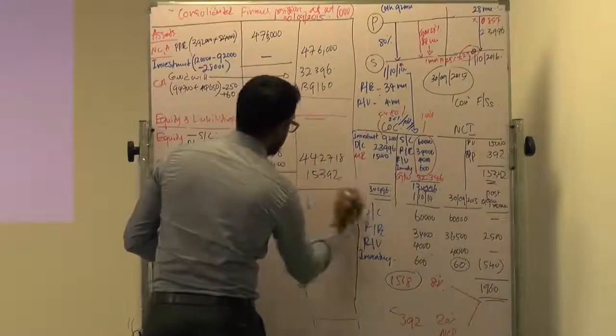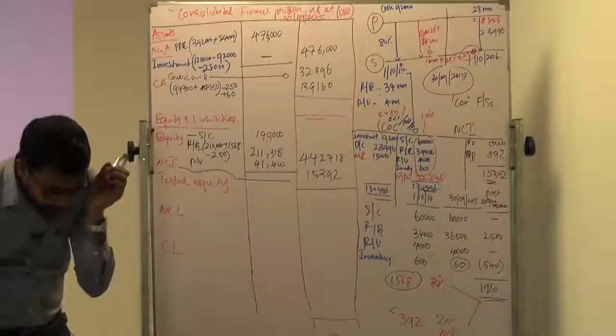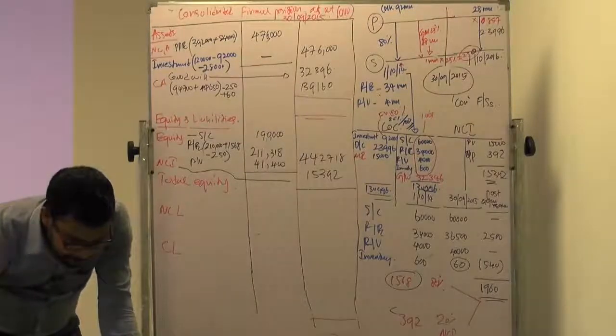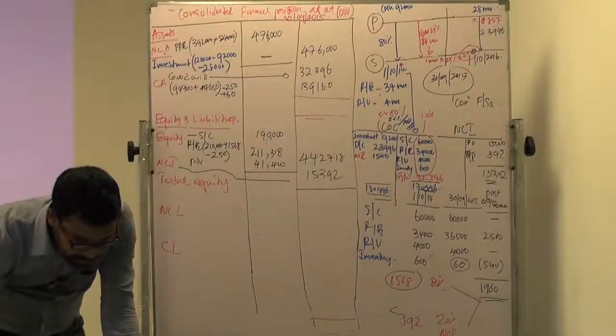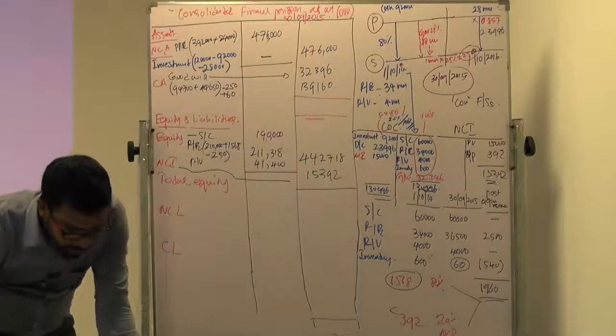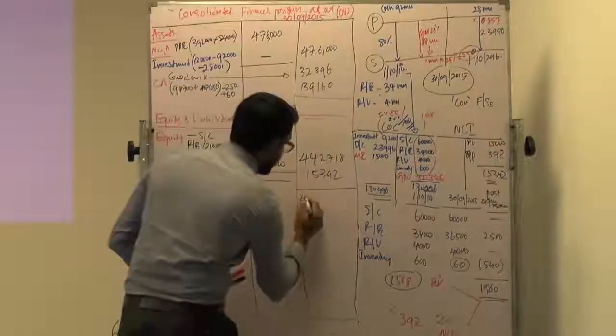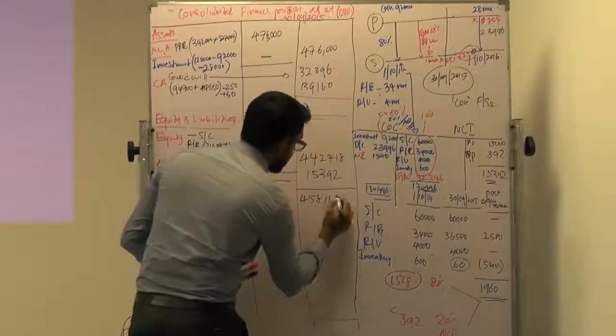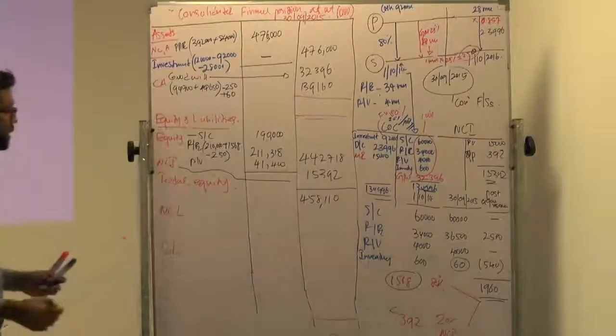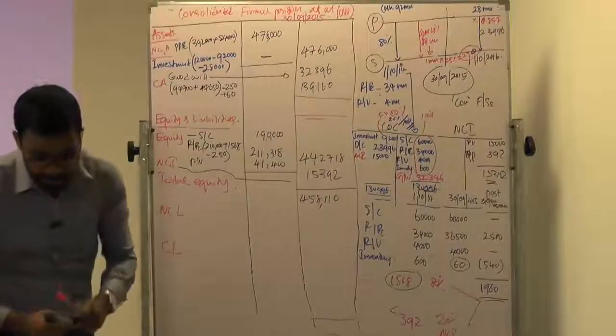Right? Total equity. How much total equity? Plus 15,392, for 458,110 total equity. Then non-current liabilities.